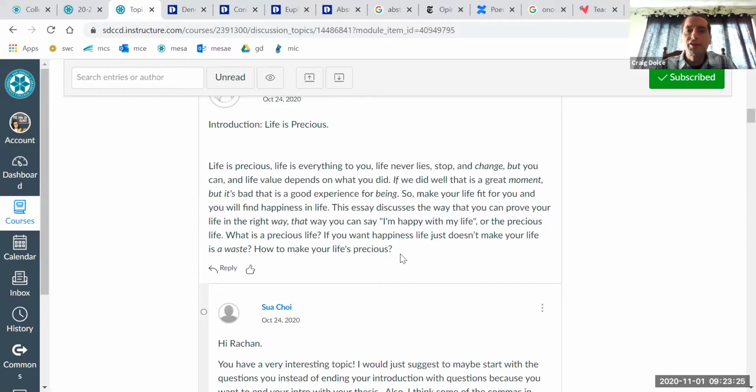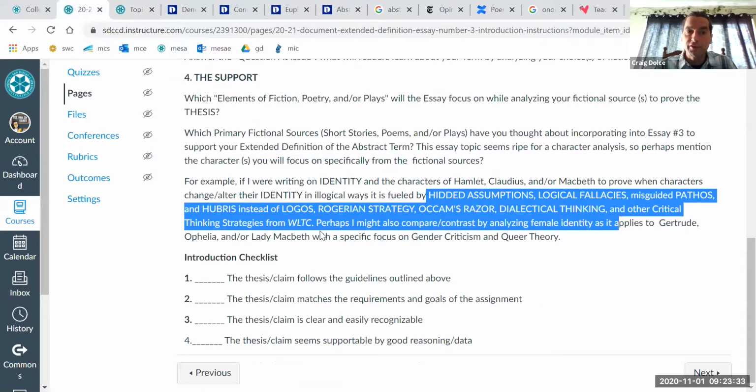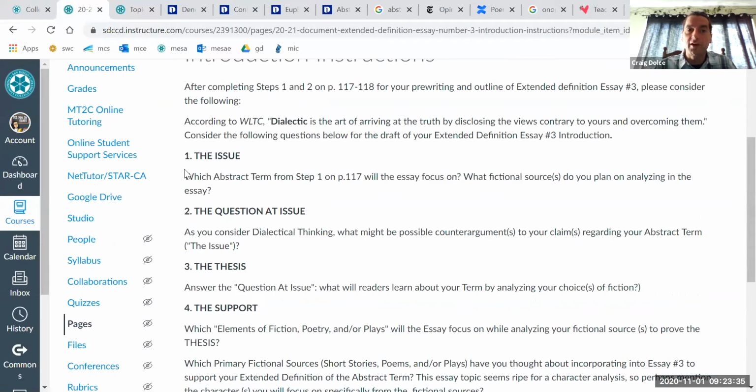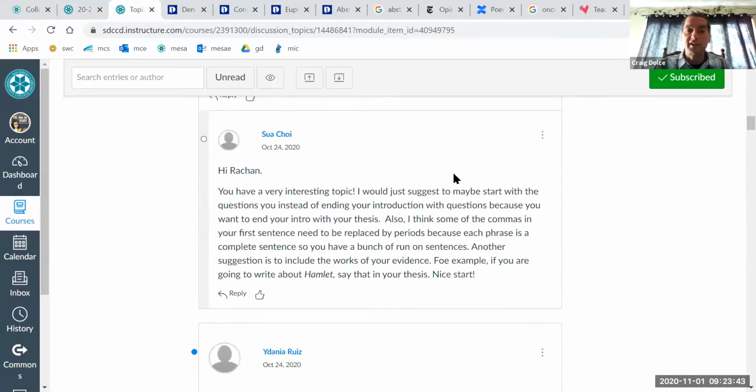Okay. So I think this intro could be more specific with regard to the issue that you're going to focus on. Remember, the issue has to come from the abstract term from step 1 on page 117. So make sure you're choosing a term from the list, right? It's a very interesting topic, but start with the questions, right?